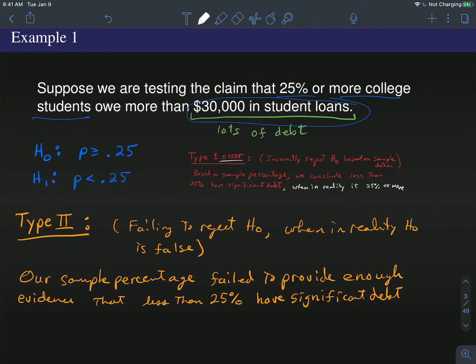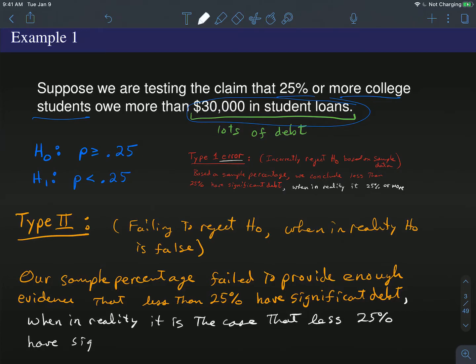But keep in mind, we're making a mistake. So what's true in reality? When in reality, it is the case that less than 25% have significant debt. So in other words, we're failing to reject our null hypothesis, right? So we're failing to provide enough evidence in favor of the alternative hypothesis, when in fact it's the alternative hypothesis that's true, right? So this is one way of phrasing out our type 2 error.